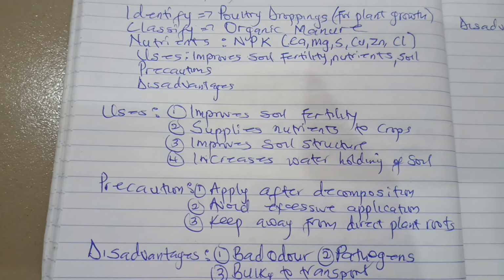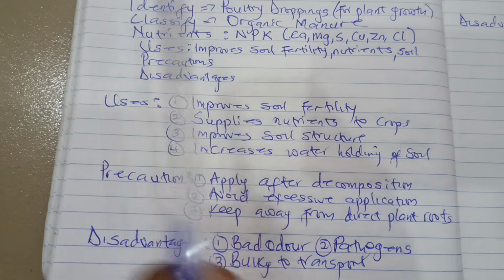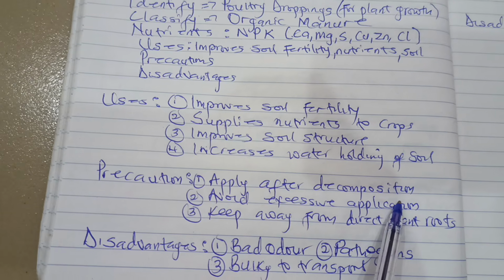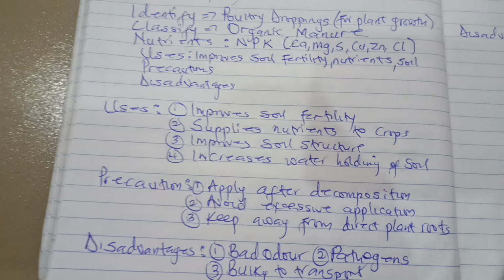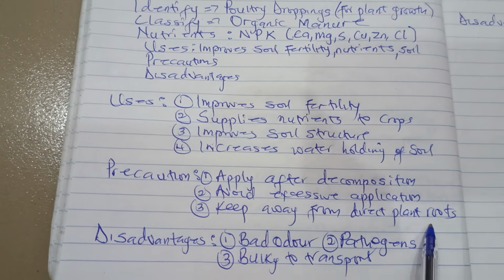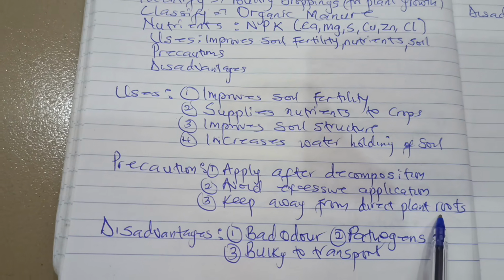And then let the decomposition happen, let it break down and become less toxic before you apply. Then avoid excessive application. Remember, too much of everything can be bad. Too much of a good thing can be bad, right? Okay, then keep away from direct plant roots. I told you it can harm your plants instantly, right?